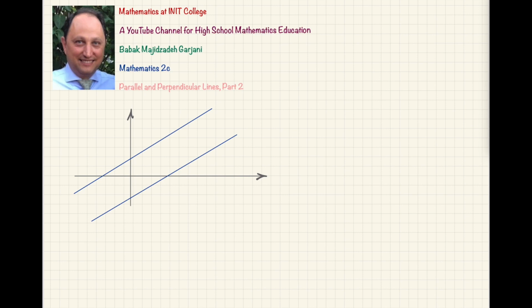I might have a pair of intersecting lines, yes? Of course, they might intersect at an angle smaller than 90, or they might intersect exactly at 90. By the way, if someone asks you what is the angle between these two lines, this is convention: by convention, you calculate the smaller angle.